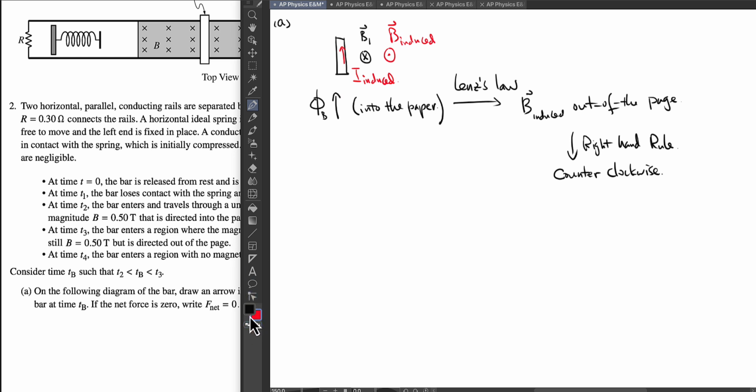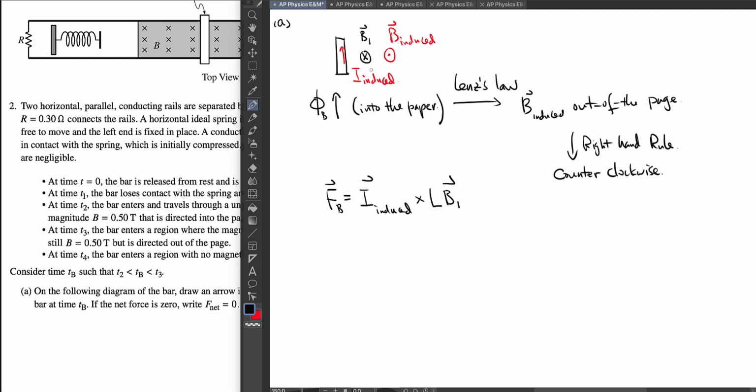Okay, so the magnetic force on the induced current is given by I induced L cross B, and the B direction here is the original magnetic field. We call it B1 already. So it's this B1 here.